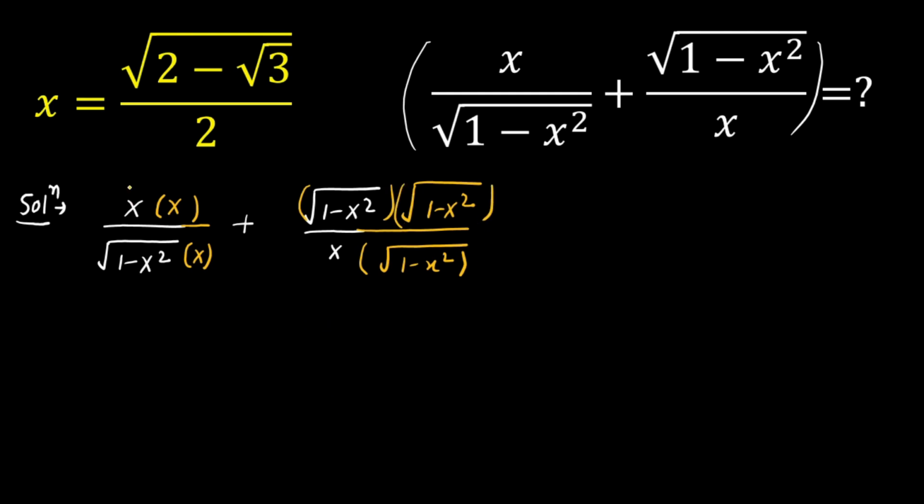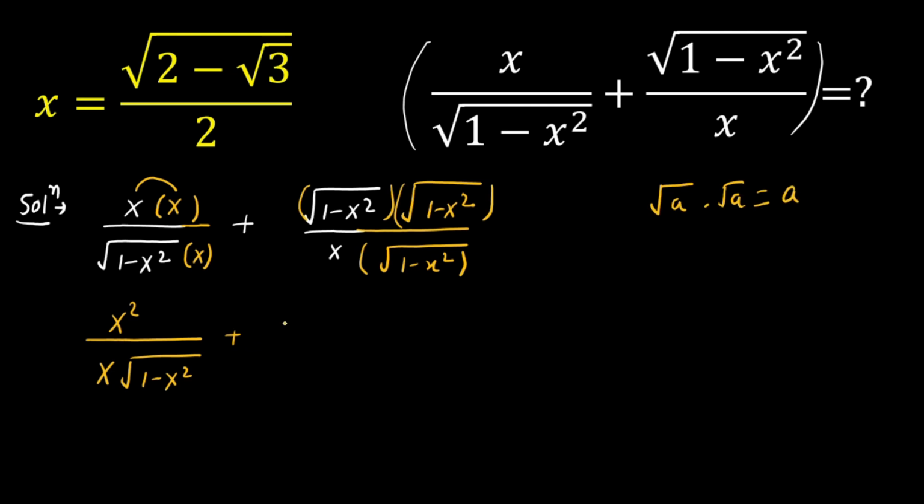Then x times x is x square, divided by x times square root of 1 minus x square, plus, here we know that square root of a times square root of a equals a.